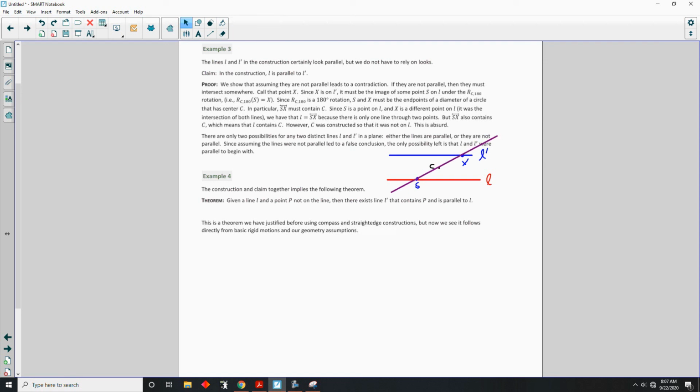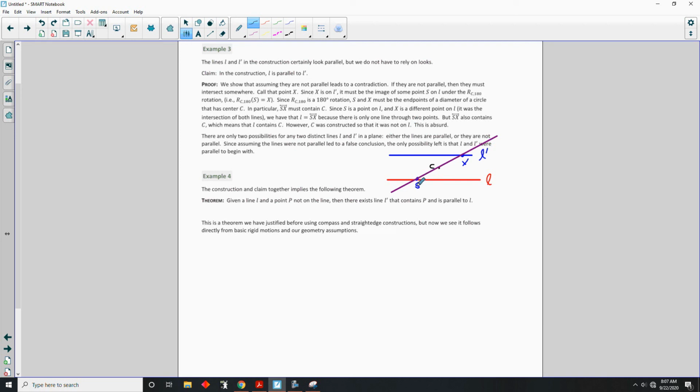Okay, so let me go back again. It must be the image of some point S on L under a rotation of 180 degrees, and for example, meaning the rotation about C 180 degrees of S would be X, must contain C. So C is right here.